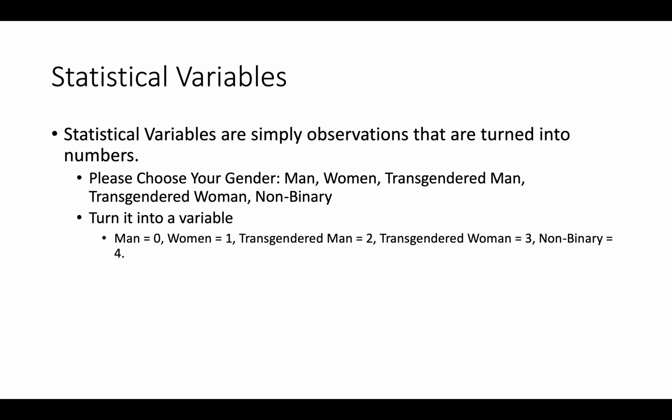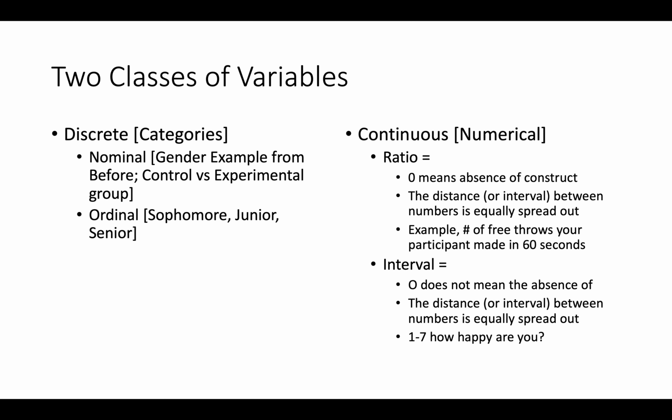So statistical variables are anything you convert to numbers, and there are 2 different classes and 4 different types of statistical variables. Discrete variables are just categories. Nominal is just names. Nominal means names. So a variable where the different categories just represent different names, like gender, is a discrete variable.